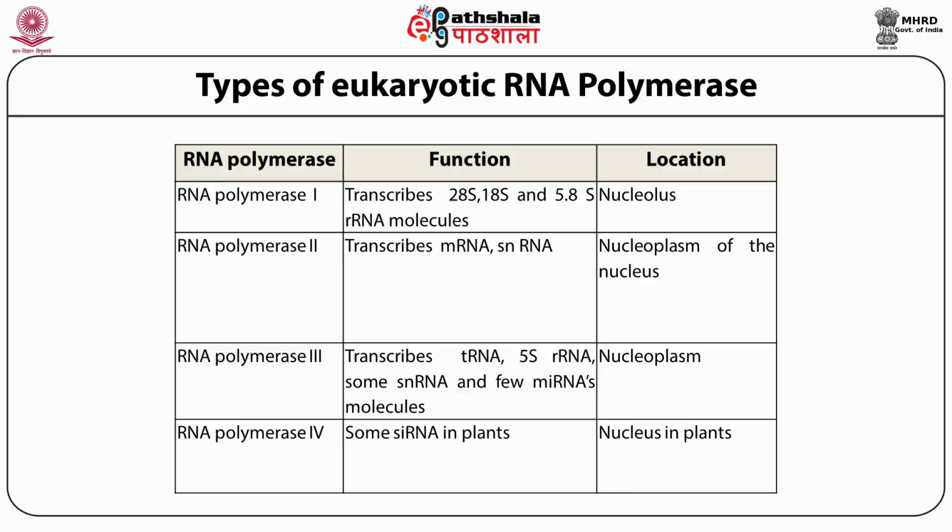Location: nucleoplasm of the nucleus. RNA polymerase 3 transcribes tRNA, 5S rRNA, snRNA and a few miRNA molecules. Location: nucleoplasm. RNA polymerase 4 transcribes some siRNA in plants. Location: nucleus in plants.